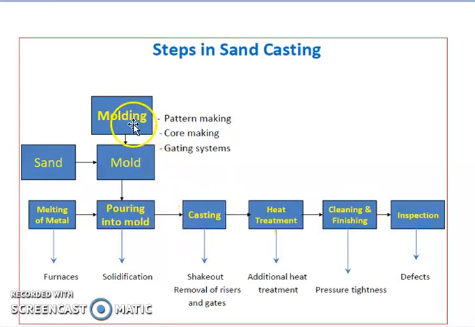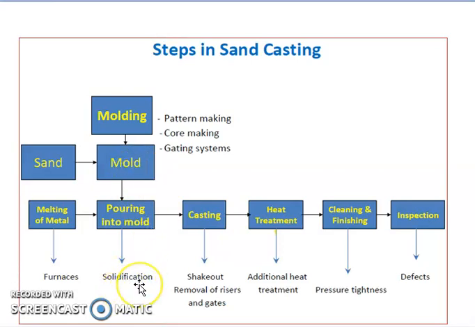Molding box preparation, pattern making, core making if you want hollow shapes, then gating systems, maybe riser, runner, gates are required to flow the molten metal into the molding box. Here a green sand is required for preparing the mold. After that, pouring the molten metal into that molding box.